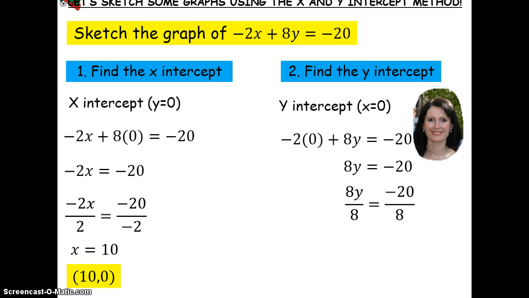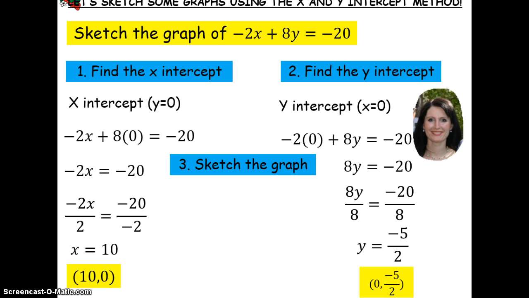Divide by 8 on both sides, leaves us with y = -5/2. It's a fraction, and that's okay. So our y-intercept is at (0, -5/2). You might like to put that as a mixed number, but you wouldn't put it in a decimal.